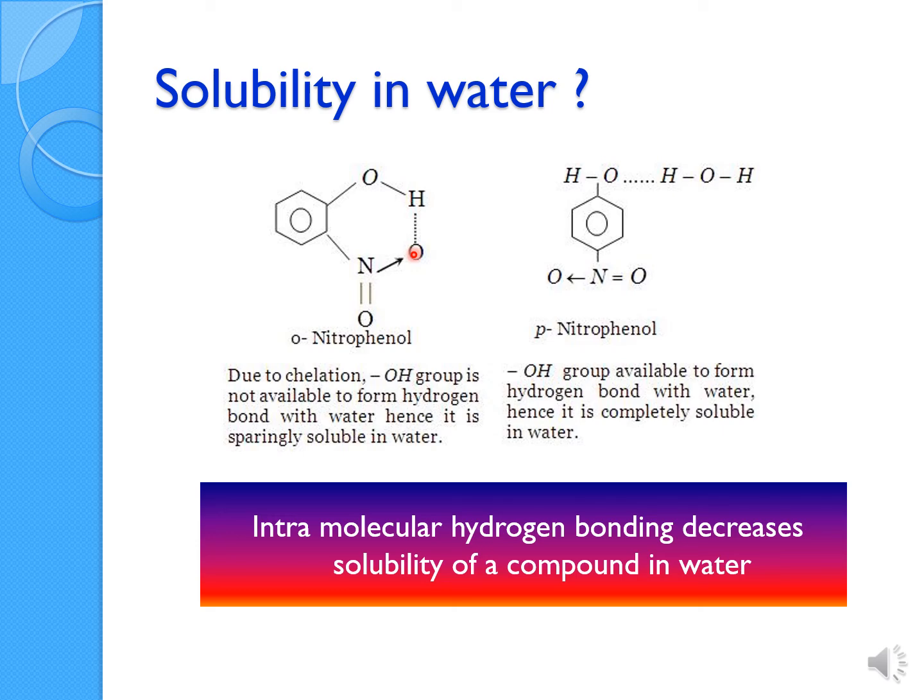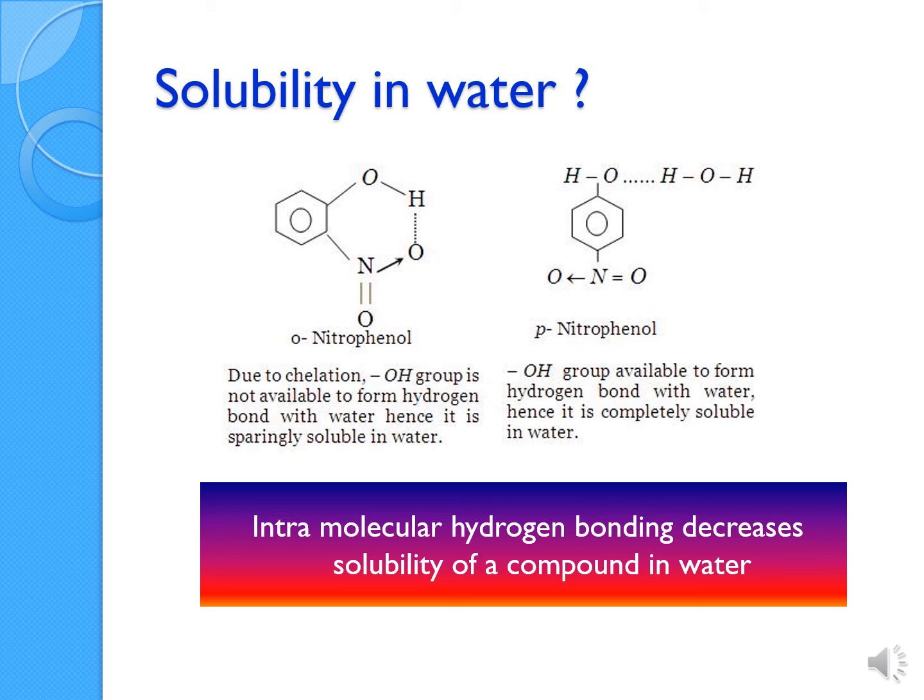So now we have seen two effects of intramolecular hydrogen bonding. First is that intramolecular hydrogen bonding decreases the boiling point of a compound. Also, intramolecular hydrogen bonding decreases the solubility of a compound in water. So which is less soluble? Orthonitrophenol is less soluble in water. So this is another question which can be asked.